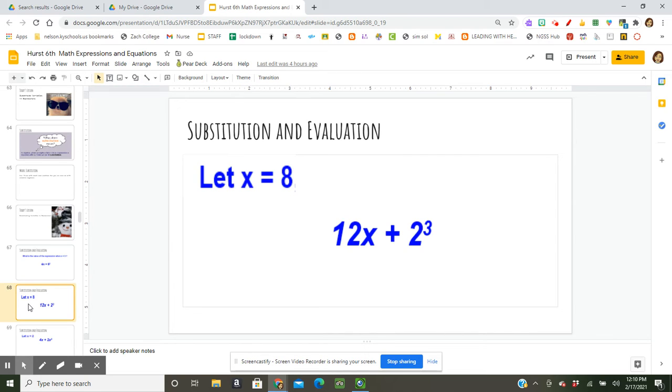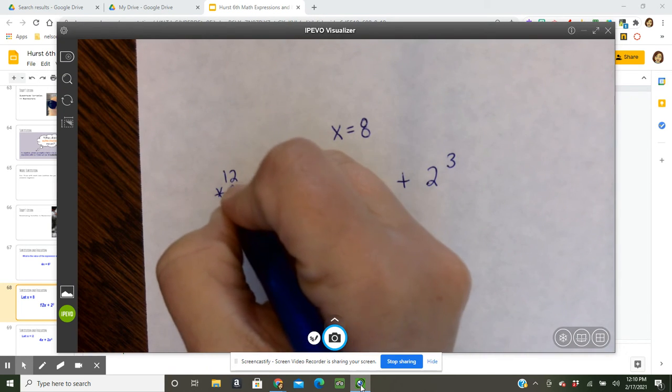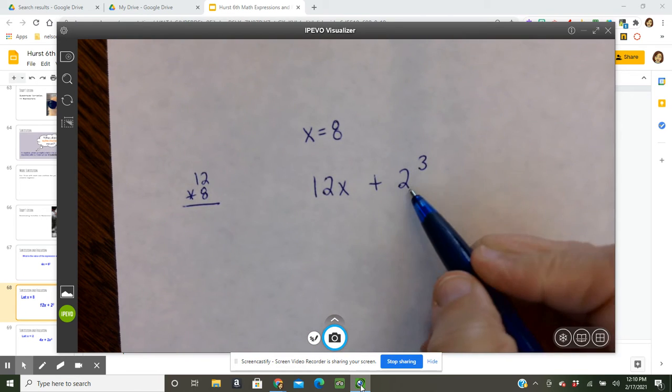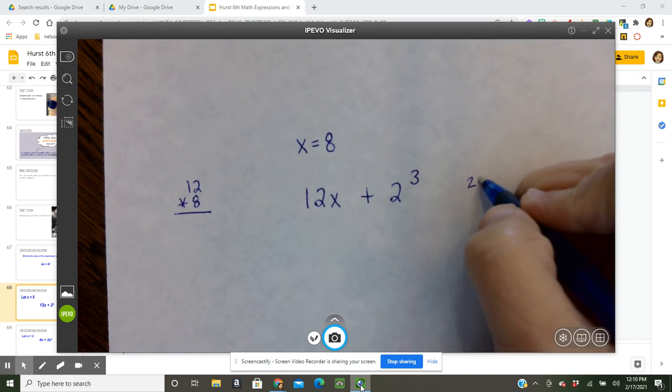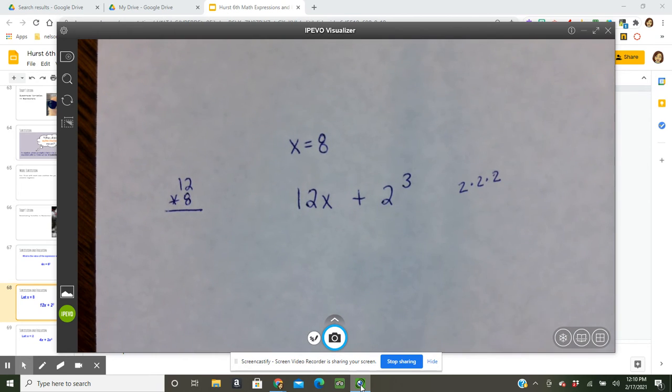If you're not sure about 12 times 8, because that's what 12x means, then you can go out to the side and do a multiplication problem. And remember, 2 to the third is 2 times 2 times 2. So go ahead and pause the video and see if you get the same answer that I get.